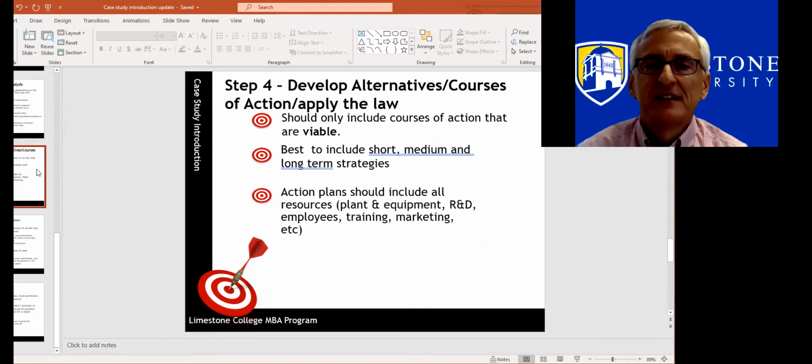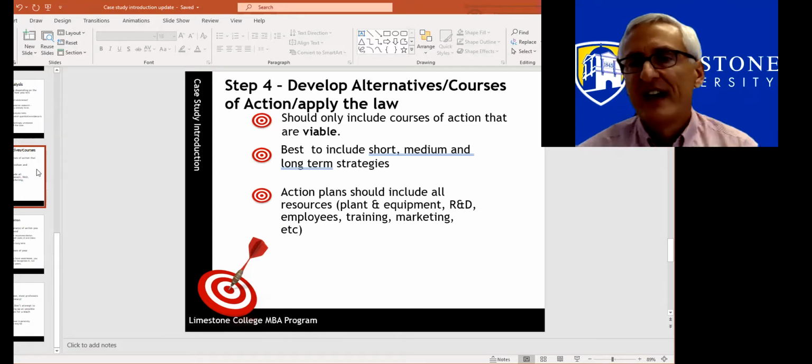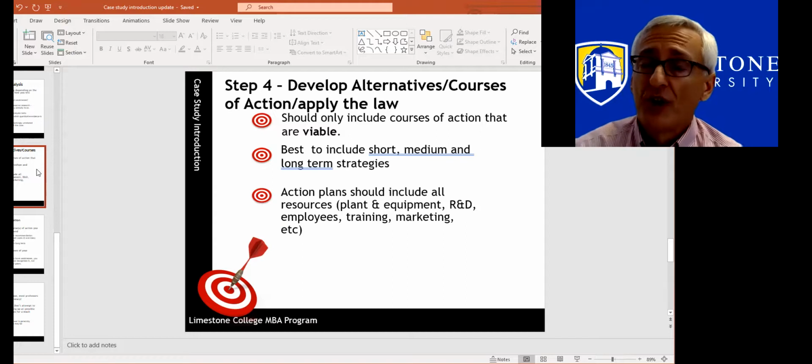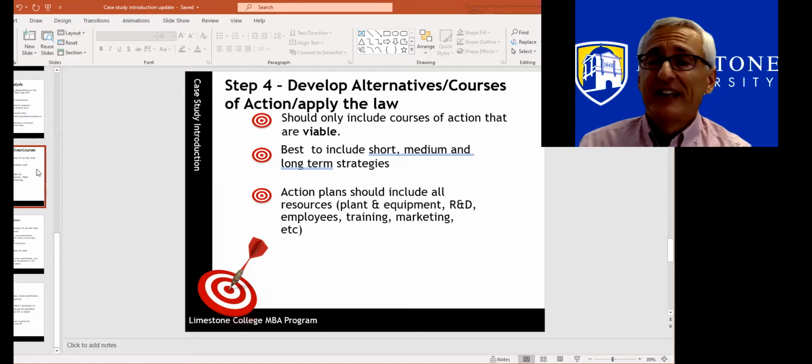The best solutions have short, medium, and long-term strategies. In other words, just like with retention, there might be things that we could implement in the short term, meaning this year. There may be other things that will be in the 1 to 2 years, and other things that are more longer term, that are more strategy related.